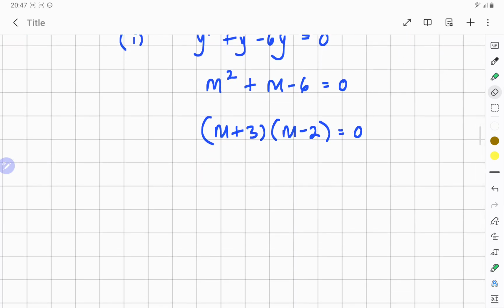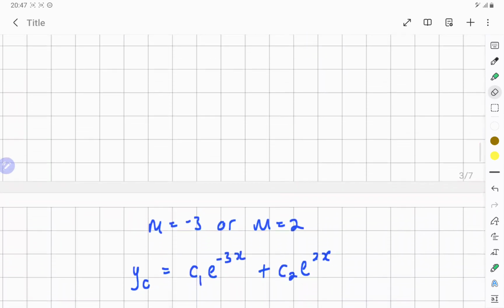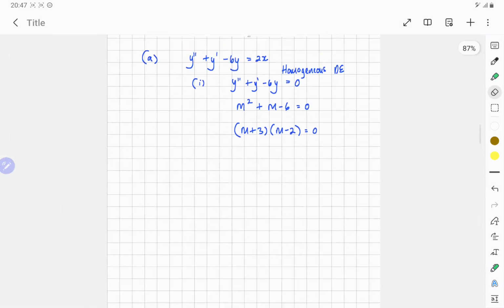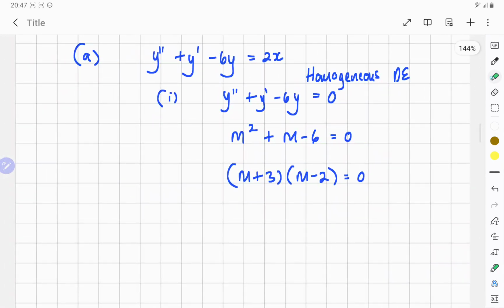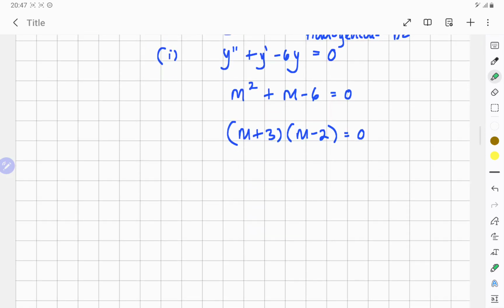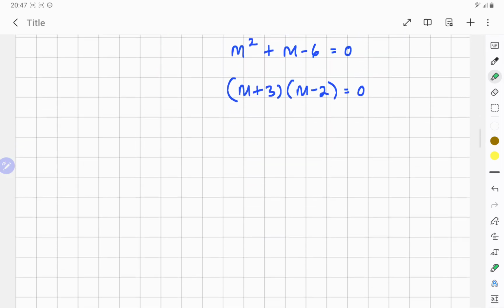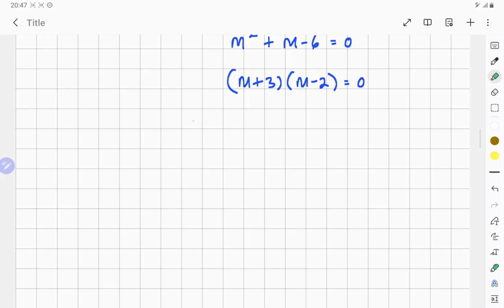Now I'm going to solve this. What do I get now? I factorize. I get m plus 3, m minus 2 equals 0. So just remember, you get two distinct real roots.